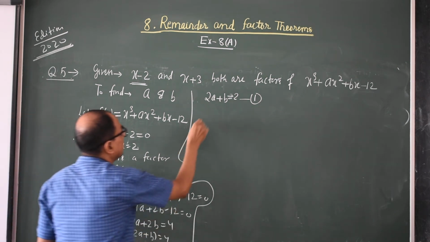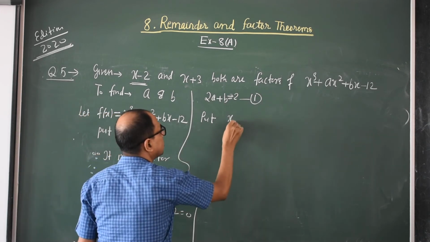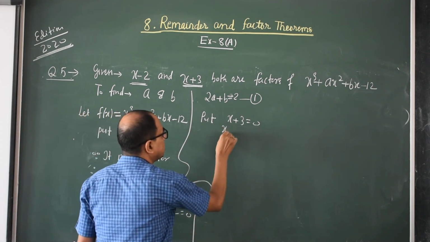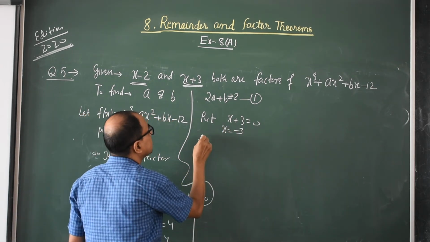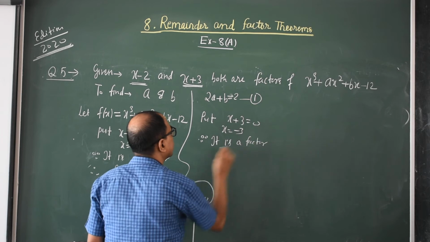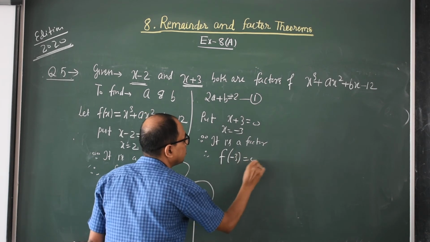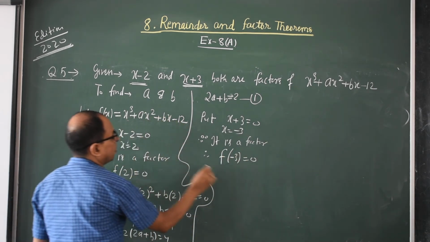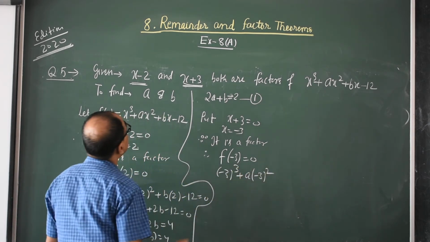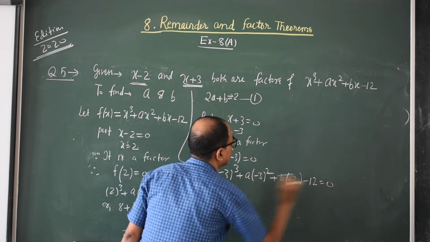Now similarly, it is given that x plus 3 is also a factor. So put x plus 3 equal to 0. From here you get x is equal to minus 3. Since it is a factor, therefore the value of the polynomial at minus 3 must be 0. So put here minus 3 whole cube plus a into minus 3 whole square plus b into minus 3 minus 12 equal to 0.